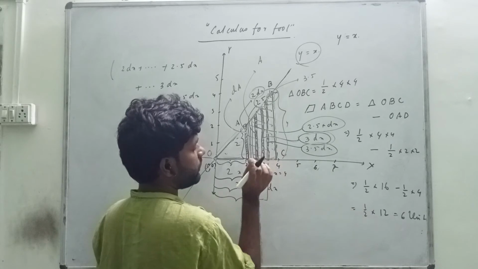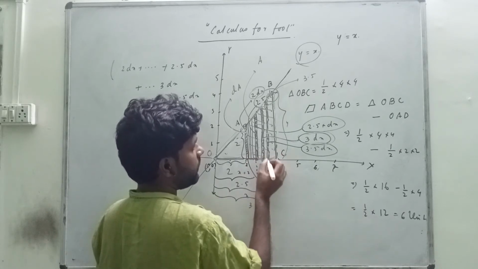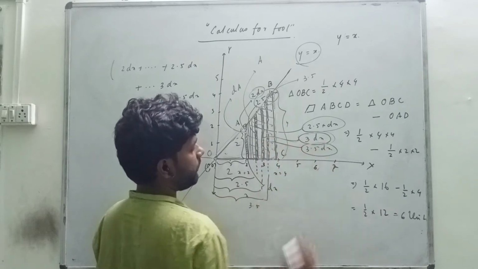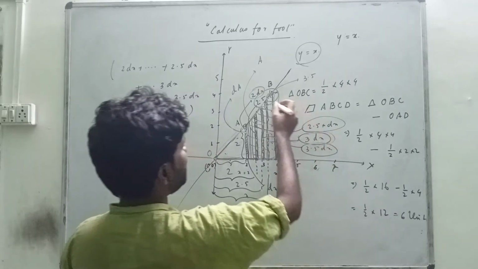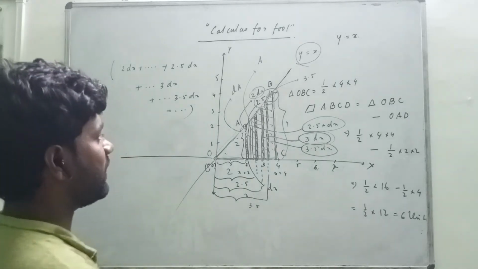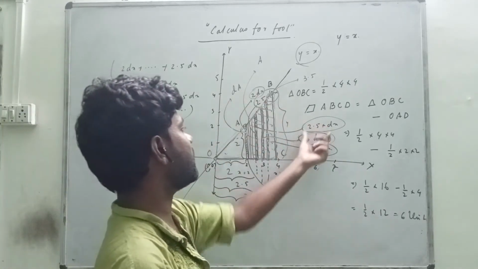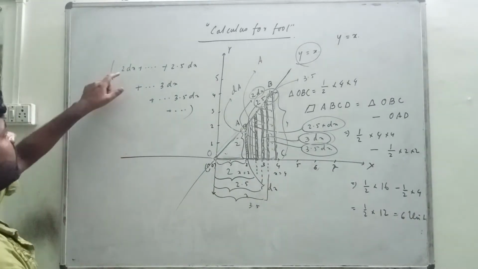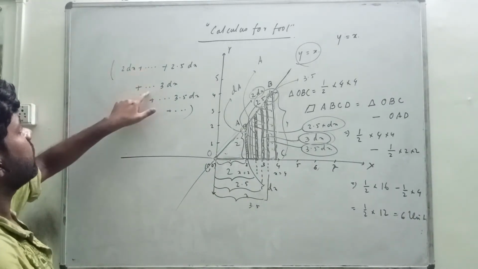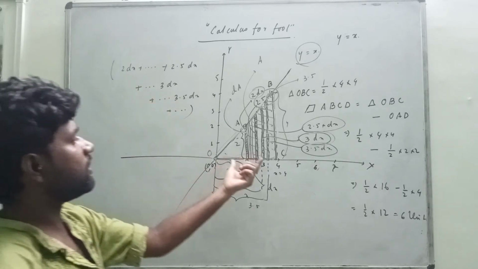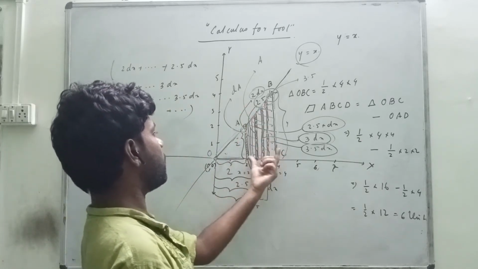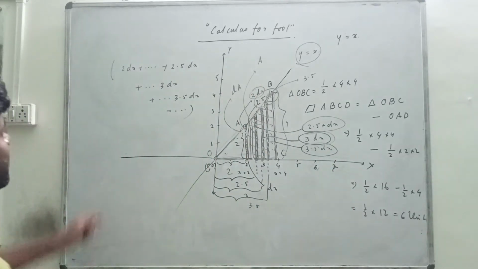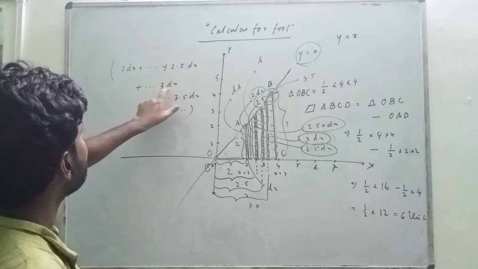Then between 3 and 4 there is 3.5 here, and the area is 3.5 dx. I just introduced 4 areas here, but between them there is an infinite number of areas, right? I just dot it here.